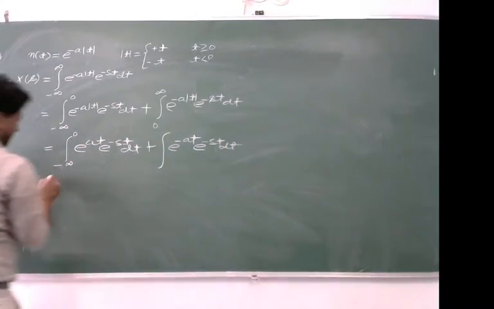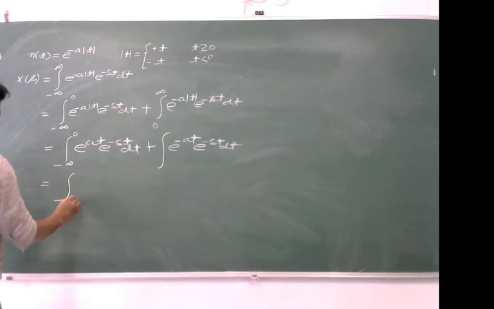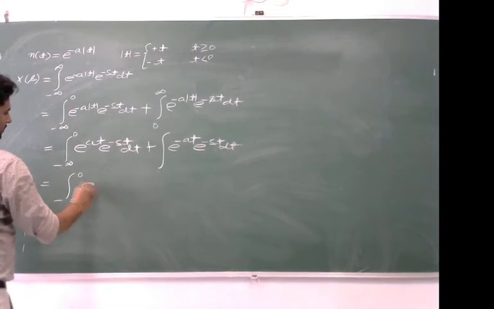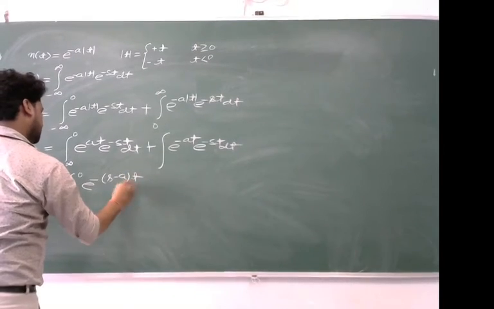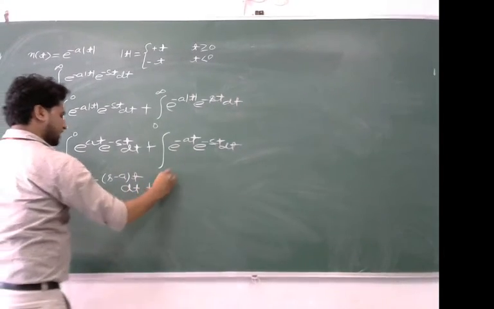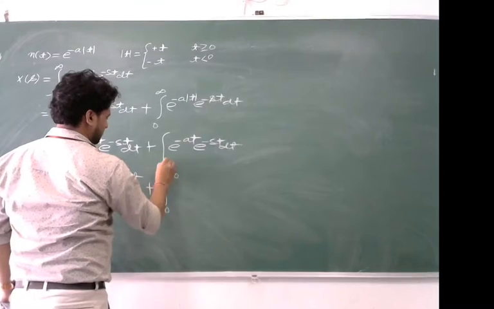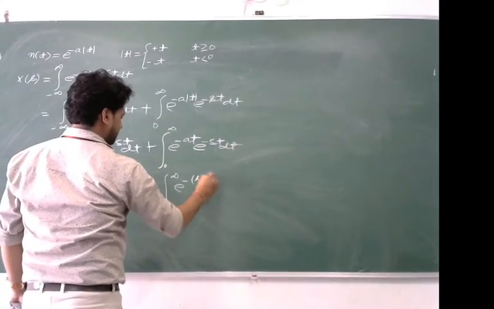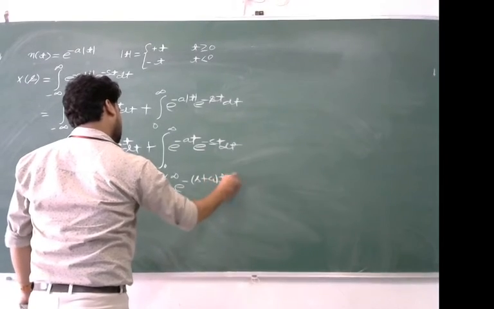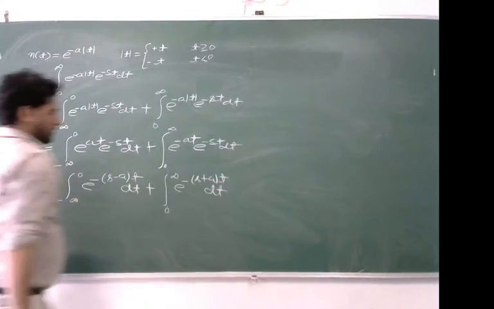Further, this can be written as the integral from minus infinity to 0 of e power minus of s minus a times t dt, plus the integral from 0 to infinity of e power minus of s plus a times t dt.